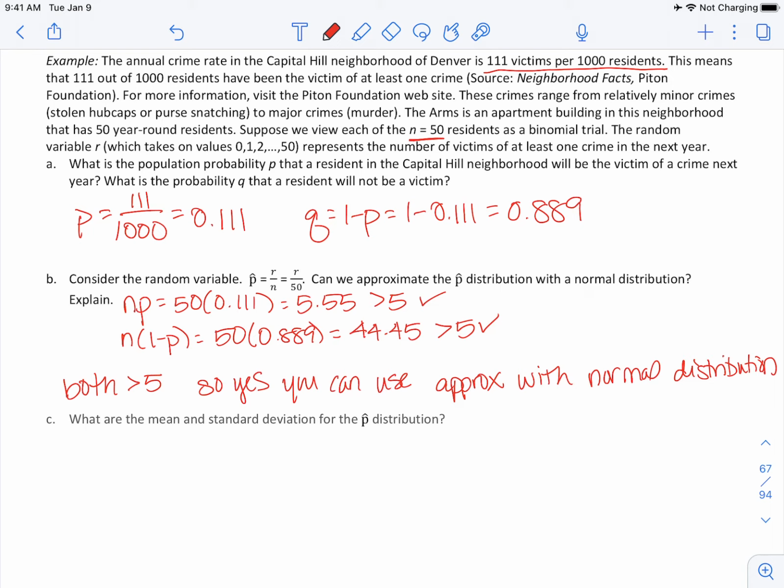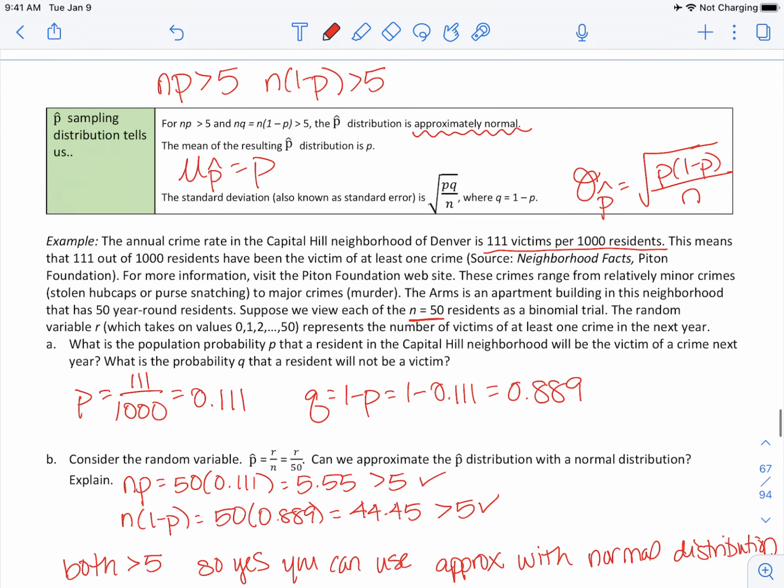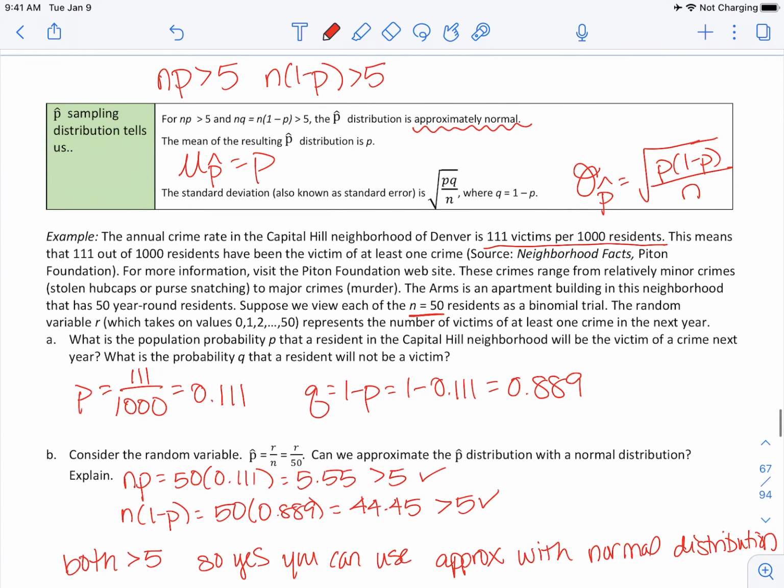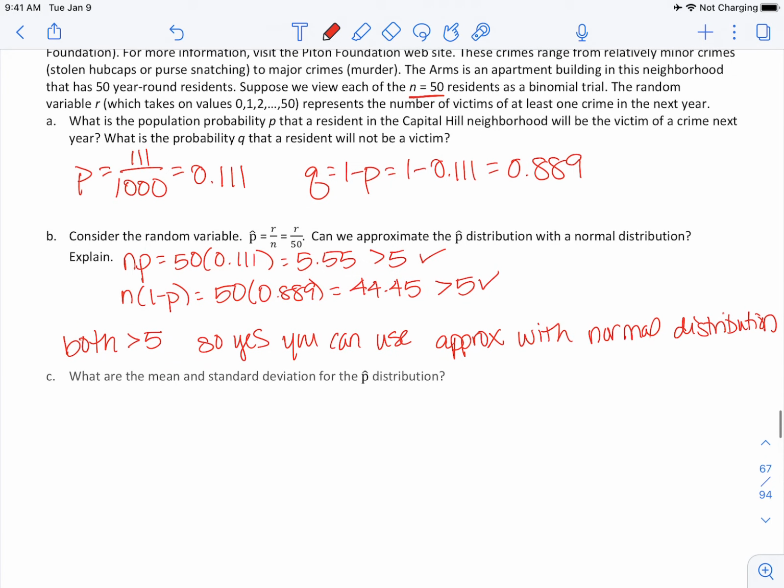What are the mean and standard deviation for the P hat distribution? I want you to use our formulas from above here and find the mean and standard deviation. Okay, our mean, mu of P hat, is equal to P, so this is going to be 0.111.